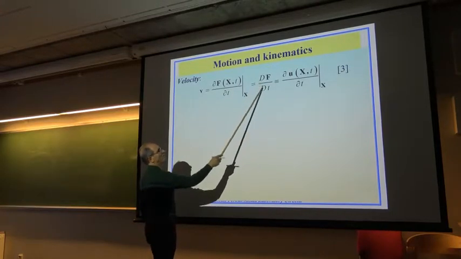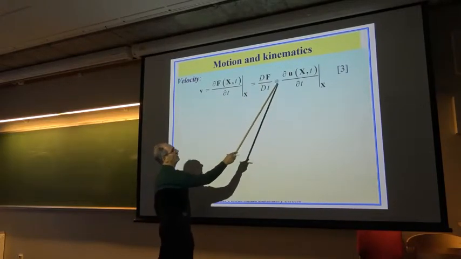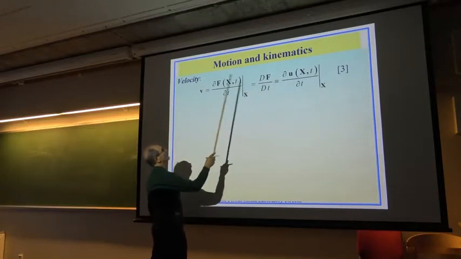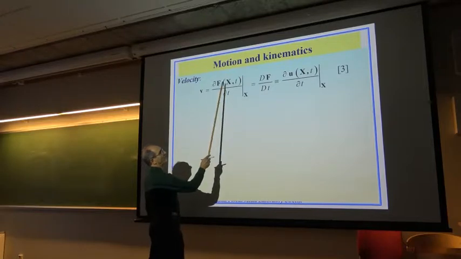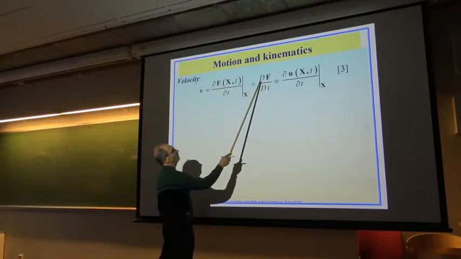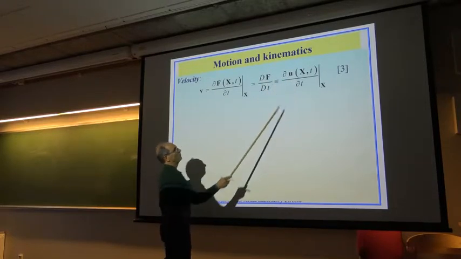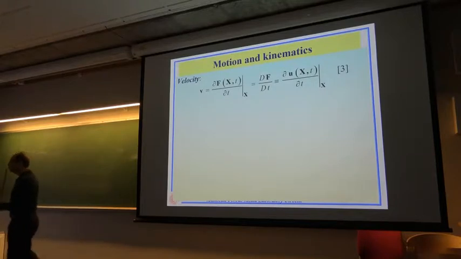This is called the material derivative. That means keeping X constant. And given the fact that u was small x minus capital X, and the derivative of capital X is 0, then the dx/dt is also the same as du/dt, the material derivative of the displacement.